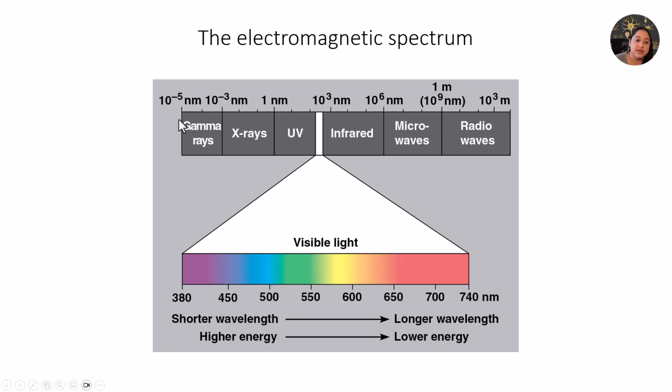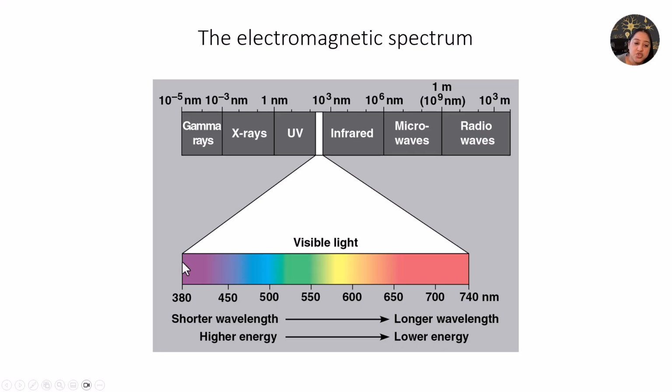We can move more easily between those different units. Anyway, visible light is just a portion of that. There are waves for all these different things, and visible light just happens to be the wavelengths that our eyes are able to see. Visible light ranges again from 380 nanometers to 740 nanometers.